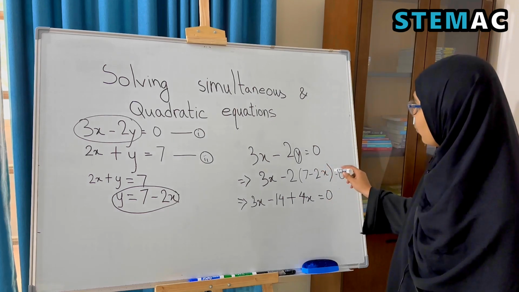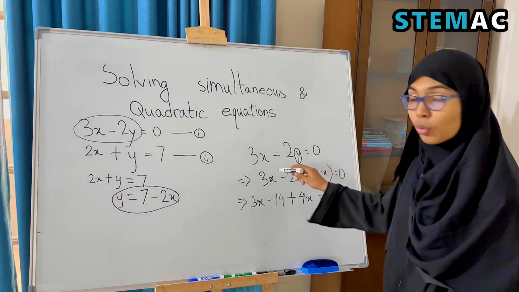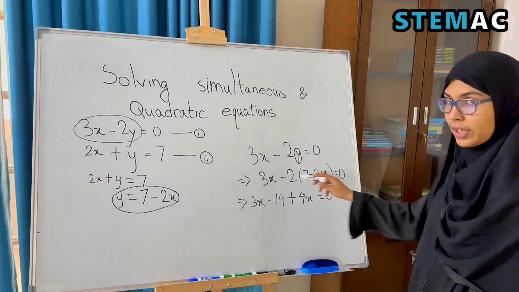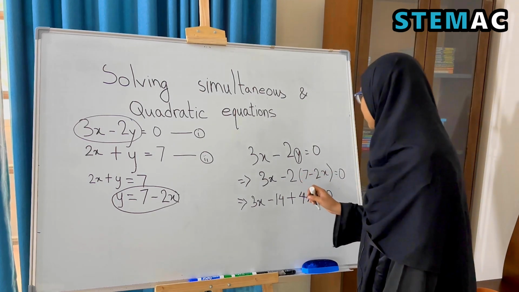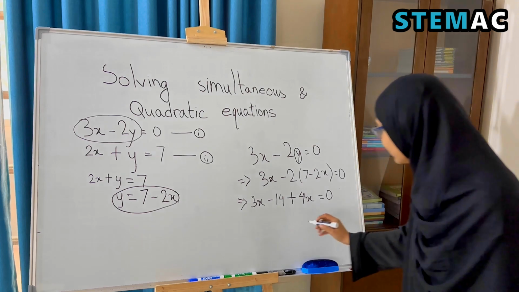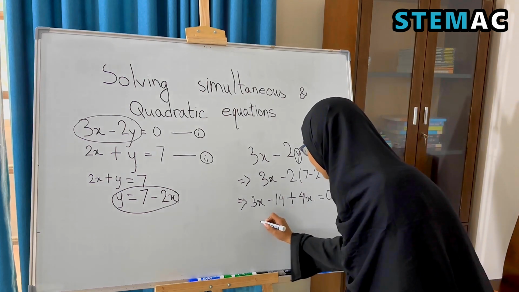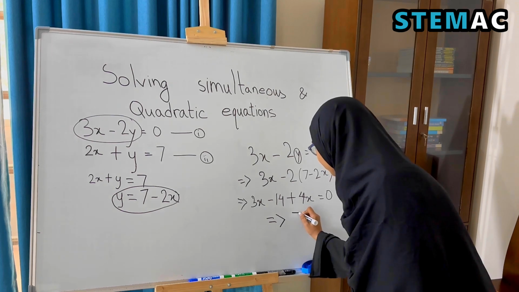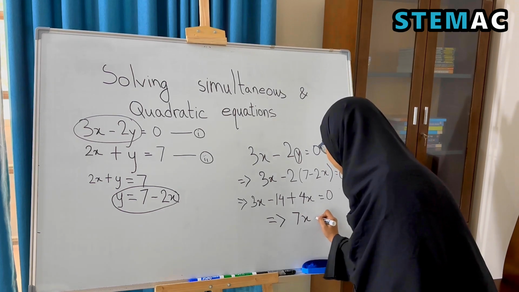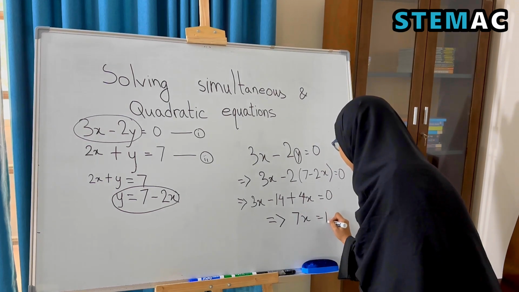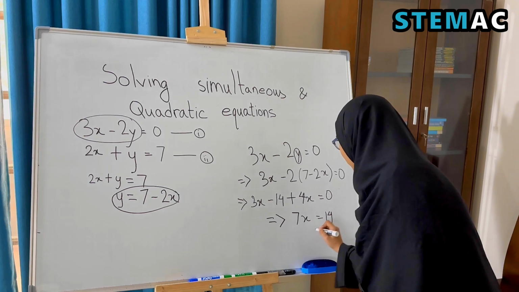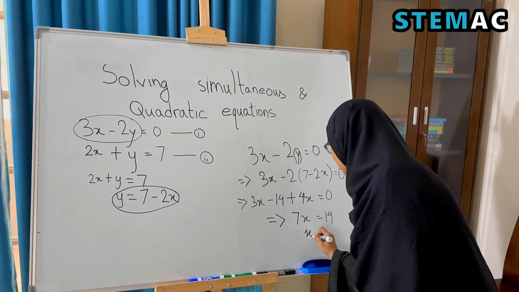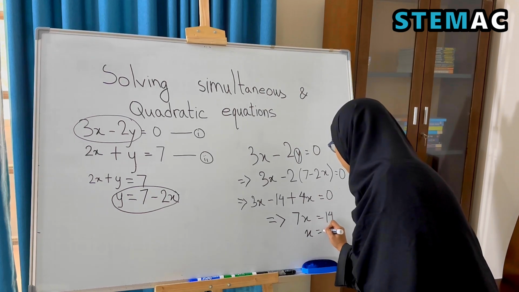We did this so that there is only one variable in the equation, and that's x. So now we get 7x equals 14, and then x equals 2.